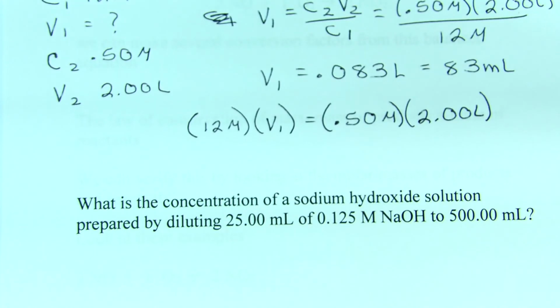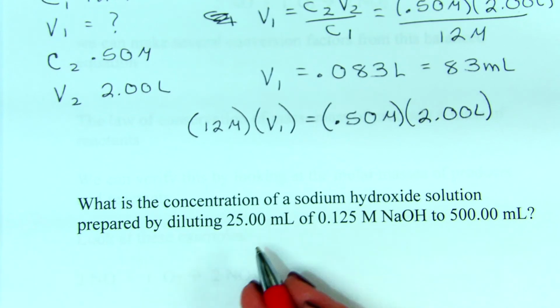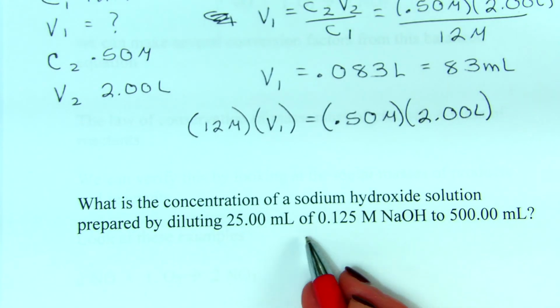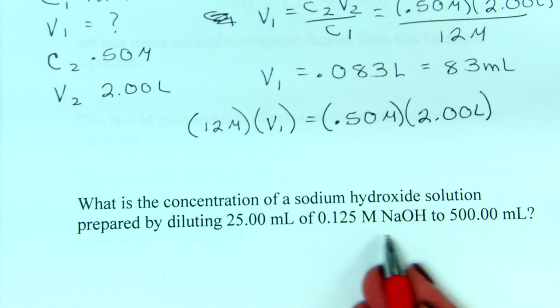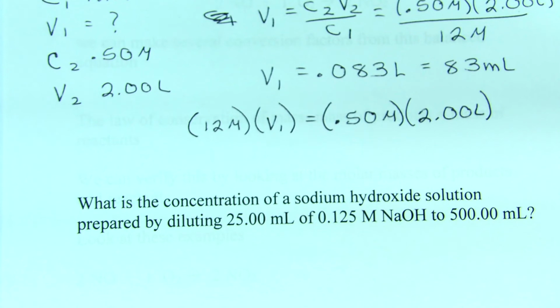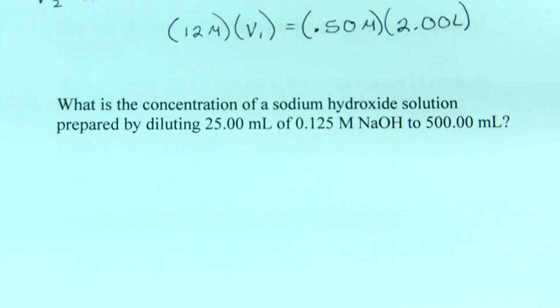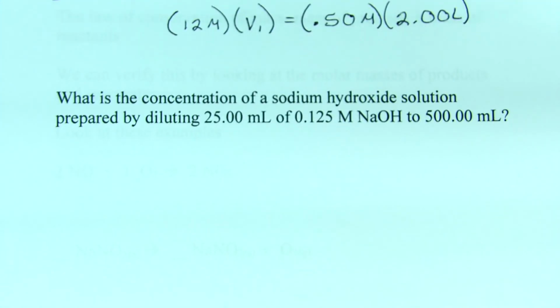Okay, let's look at this one. What is the concentration of a sodium hydroxide solution prepared by diluting 25 mils of 0.125 molar sodium hydroxide to 500 mils? This one is phrased a little bit differently. And what I have found is that the problems my students have with these, generally the biggest mistake is they read the problem wrong and get the wrong pairs together.